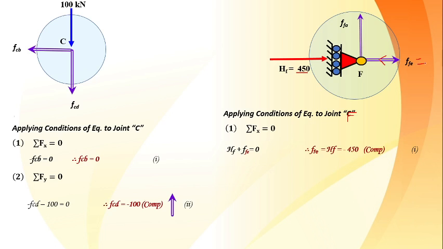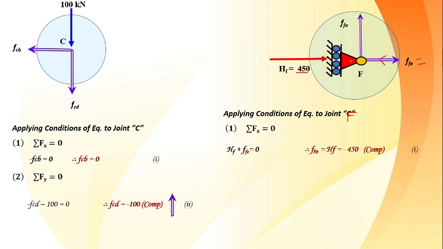So the more you solve the problem, the more you will get efficient in understanding and applying the basic knowledge on that particular truss. Another thing, I can directly say the force in FFA. Why?